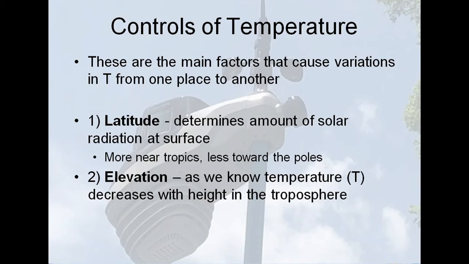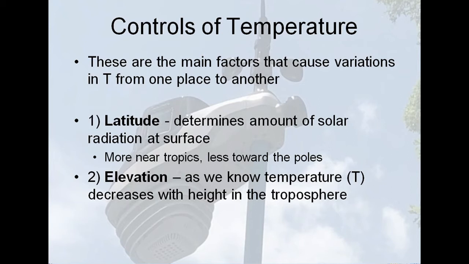Now this one is latitude, so obviously you go north and it's colder. You've got more incoming solar radiation near the tropics than you do at the poles. I talked about that in the last video: it was the angle of the sun hitting the earth, and closer to the equator there's more incoming solar radiation than at the poles.